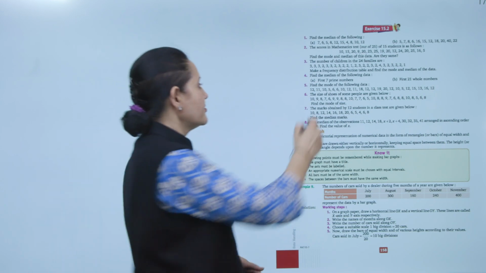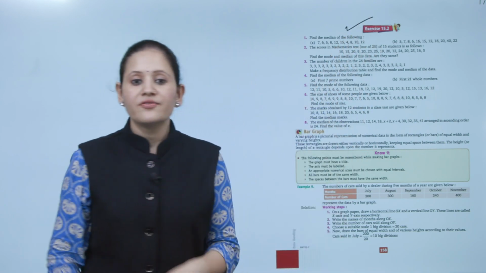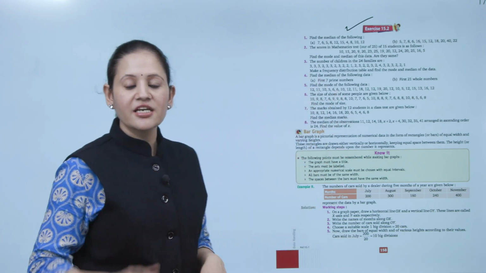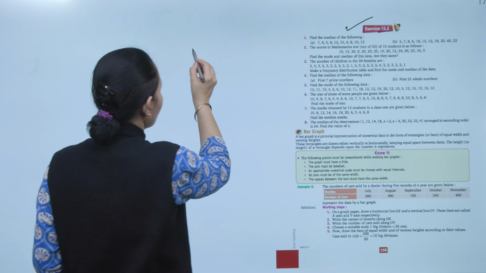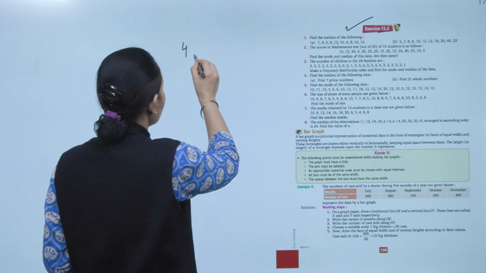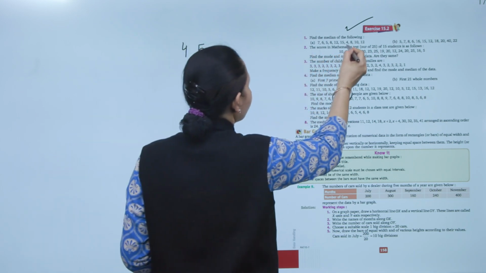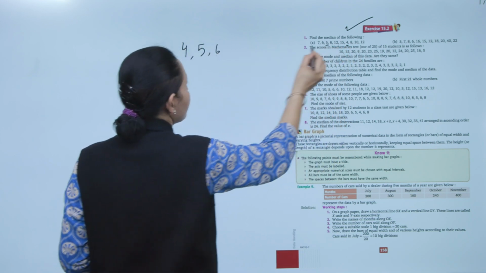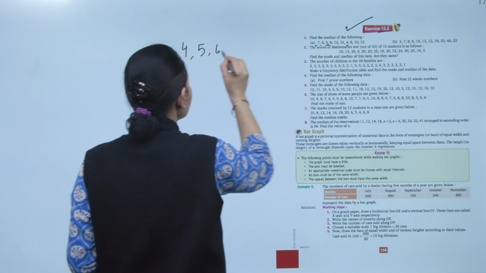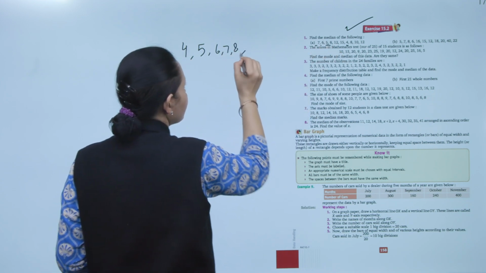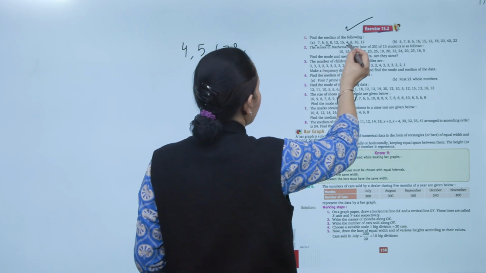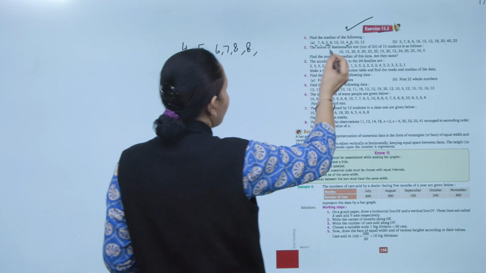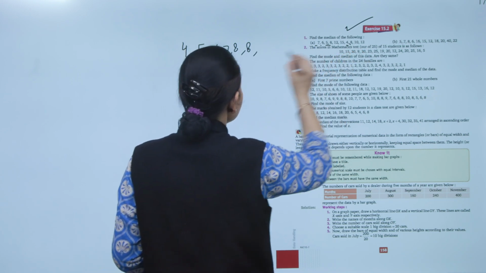Exercise 15.2. Find the median of the following. So first we'll arrange the data in ascending order. So the lowest observation, that is 4, then 5, then 6, then 7, then 8, again 8, 2 8s are there, and then 10.